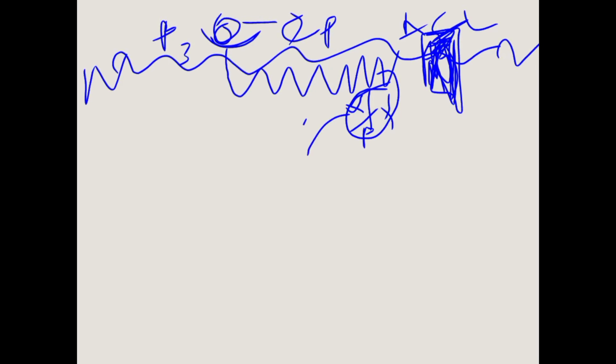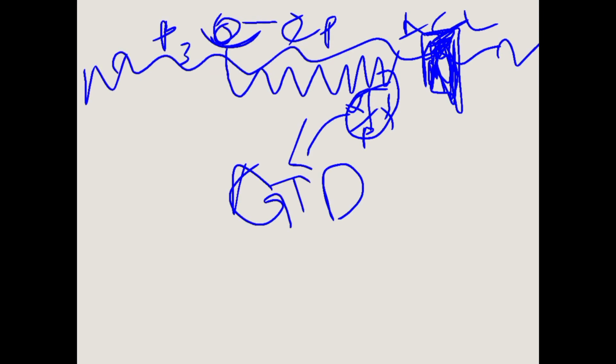So the alpha at rest is bound to GTD. You understand? It's bound to GTD. So they have this G proteins. They have GTPase activity.